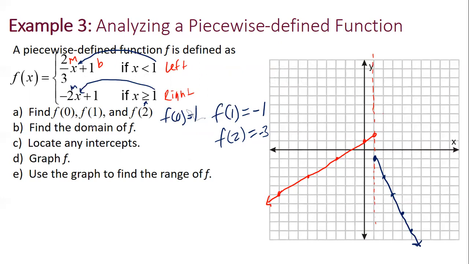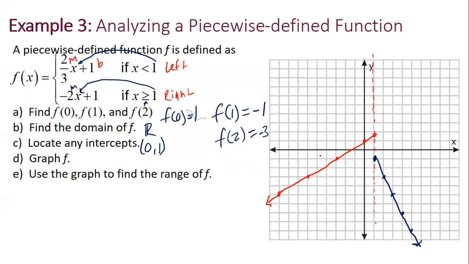So my domain here, is there any break, any point where no x value is defined? Nope, every x value is defined from -infinity to +infinity. So my domain is all real numbers. I have 2 intercepts. One intercept is here at 0, 1. And the other intercept, I would have to find its exact value.